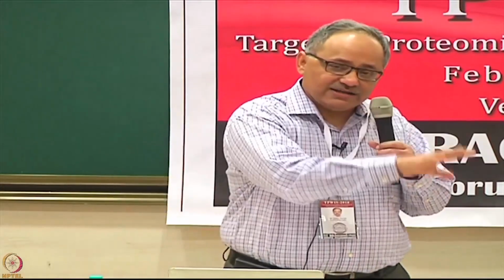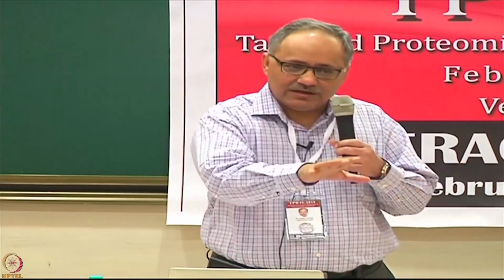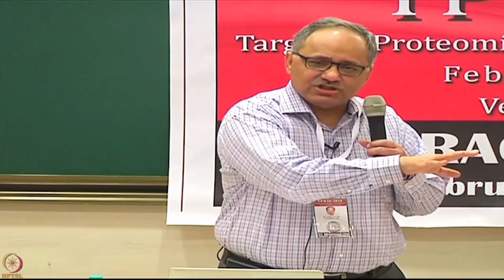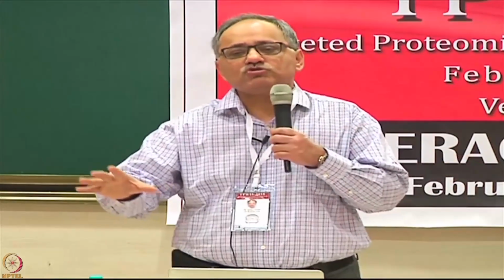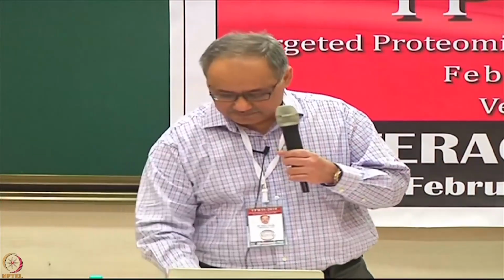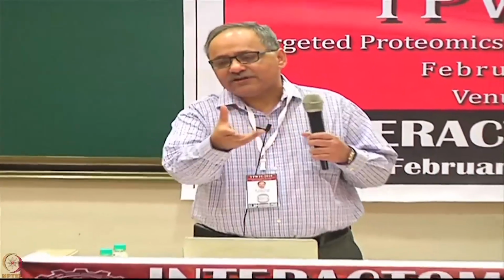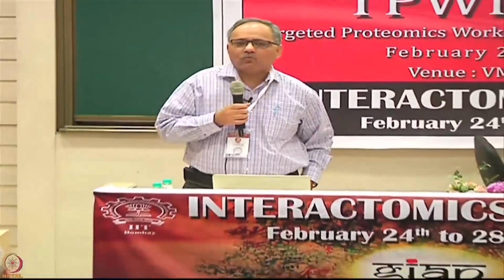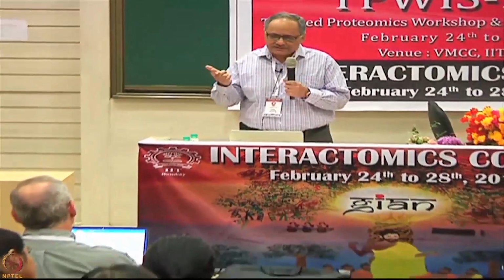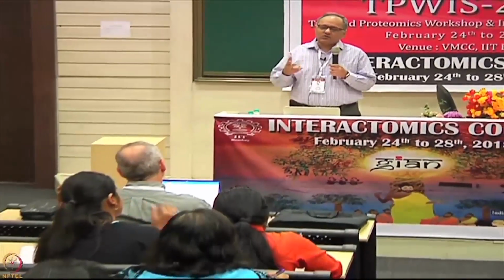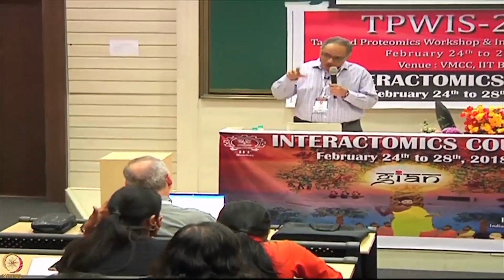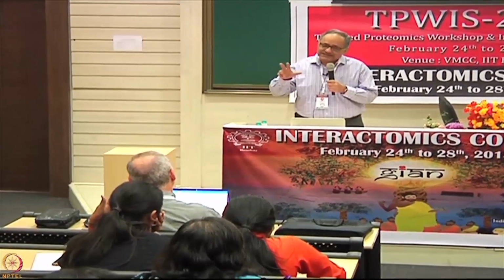So, the cancer RNA-seq data with the clinical metadata came from the Cancer Genome Atlas, and the normal tissues from the HPA. How are you getting all these different normal tissues from healthy people? Yeah, I tried to define healthy. One source was autopsies, and the other source was people who had been biopsied, but who were non-cancer.